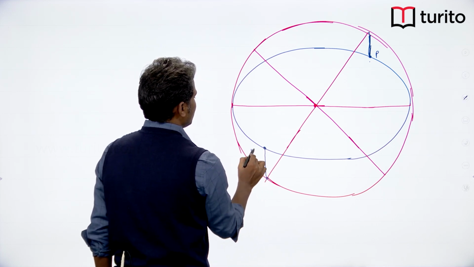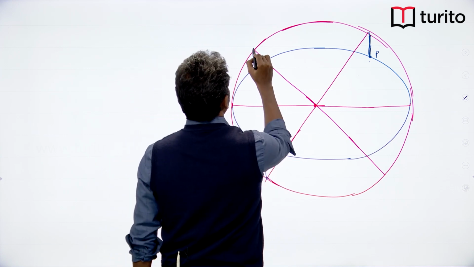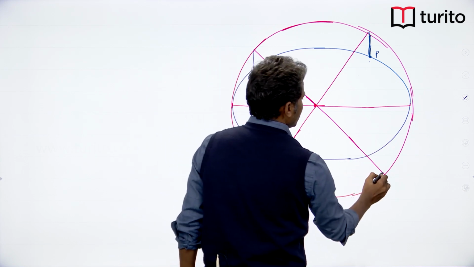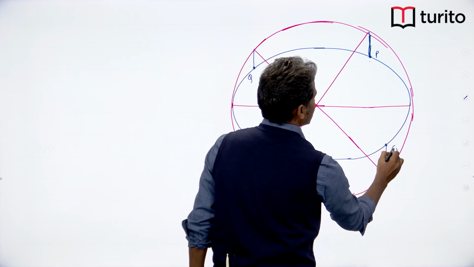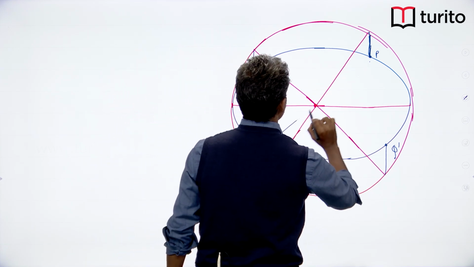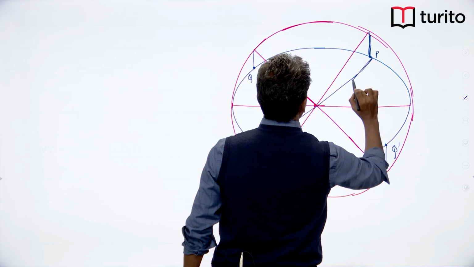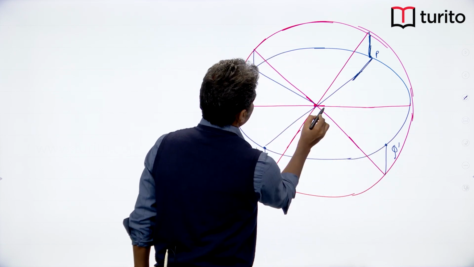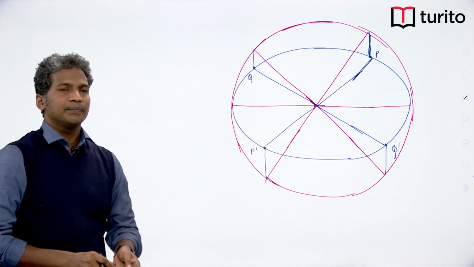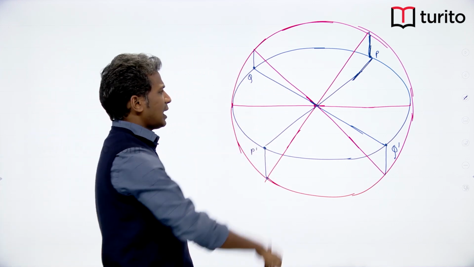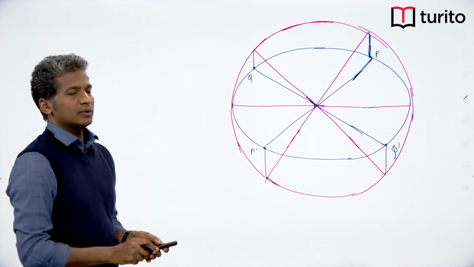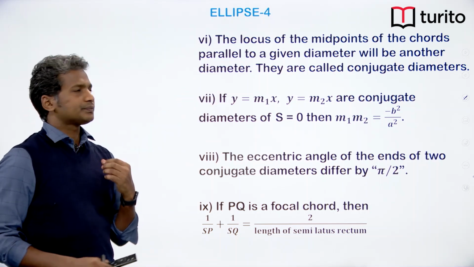Let us name this as P dash, and if we drop one, this point is Q, and if we drop one, this point is Q dash. Now when we join P and P dash, we will get one line, and when we join Q and Q dash, we will get another line. This is my setup, okay. So PP dash is one diameter, QQ dash is another diameter, okay. Now let us come back to this after we understand these.